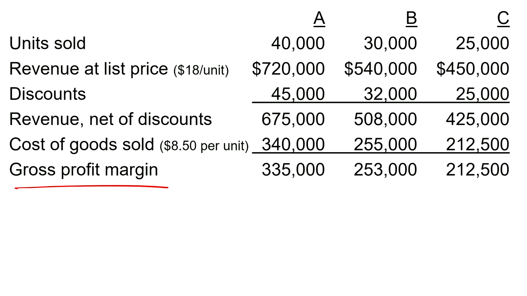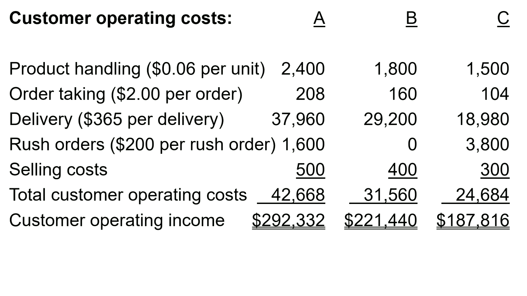The answer to this question is going to come from the second piece of information where we have our customer operating costs, where we're calculating customer income. And so what we have here, this is where we're going to choose our improvements from. We have to do 3, but we have product handling, we have order taking, we have delivery, we have rush orders, and we have selling costs.